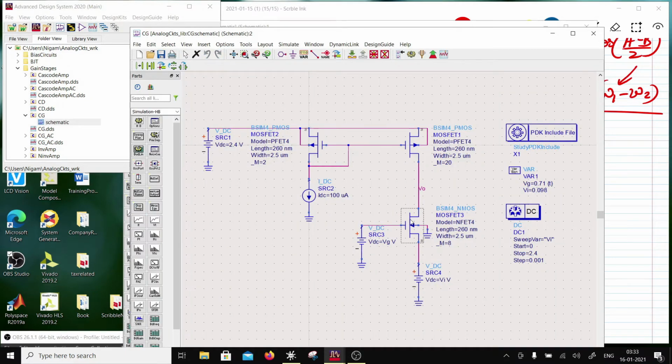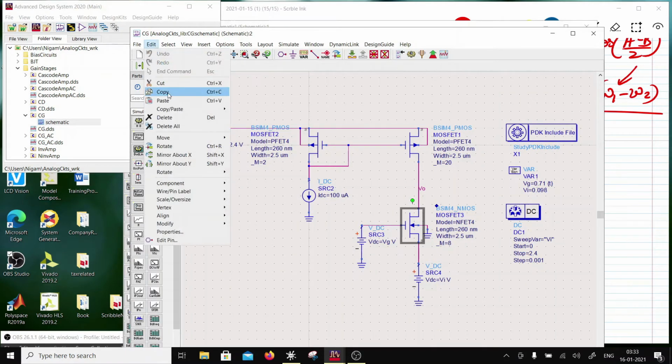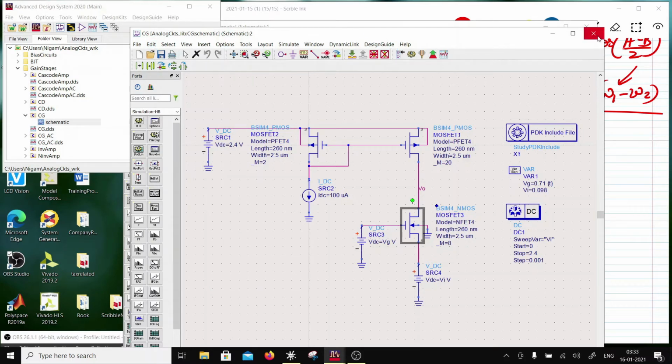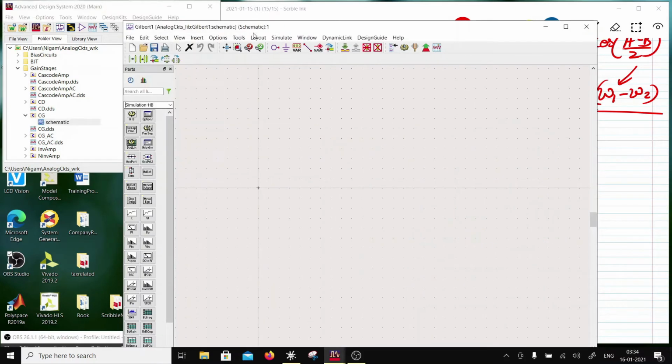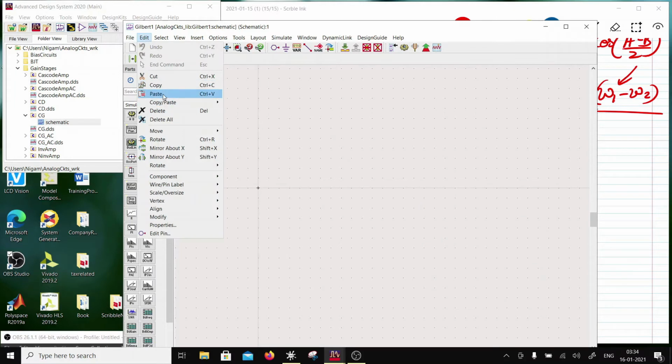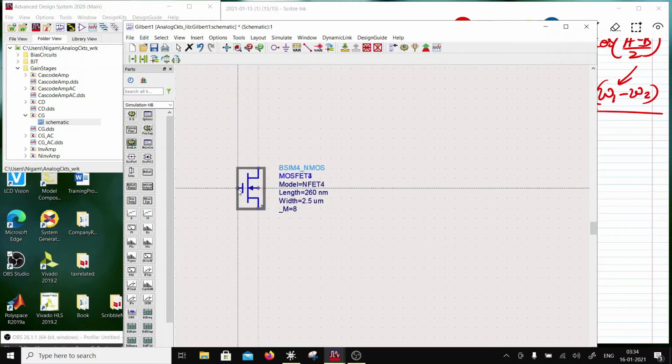So let's pick up this device, edit copy, and edit paste. That's that device, and let's size them. All are 130, 1.5 by 2. So I'm going to make 130 nano and 1.5 into 2.